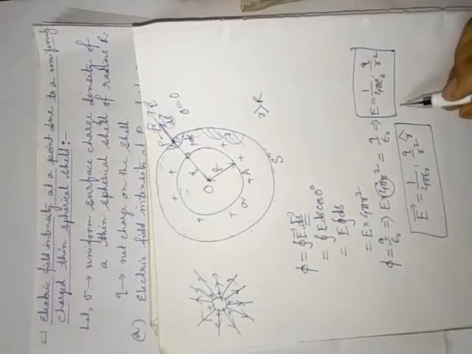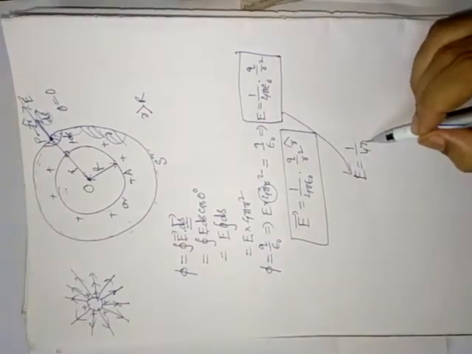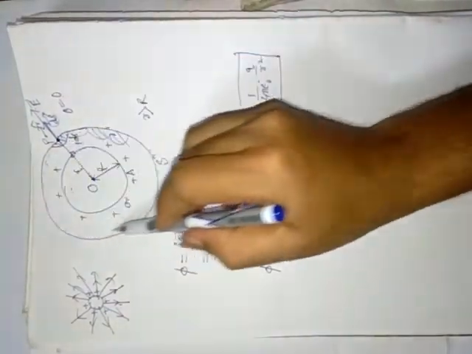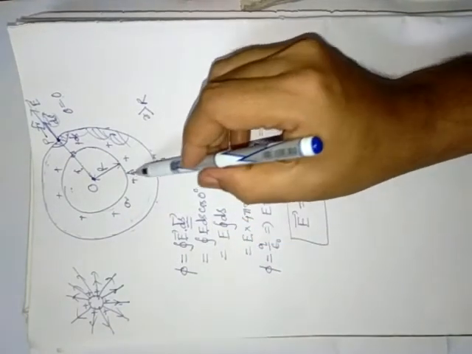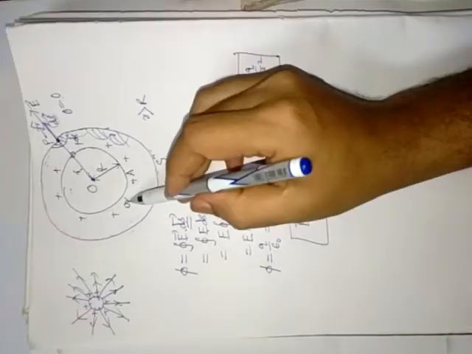But one thing you see here, again E equal to 1 by 4 pi epsilon naught Q. Q means what? Net charge enclosed by the surface S, the Gaussian surface. What is the net charge? Q is equal to sigma into A. Why sigma A?